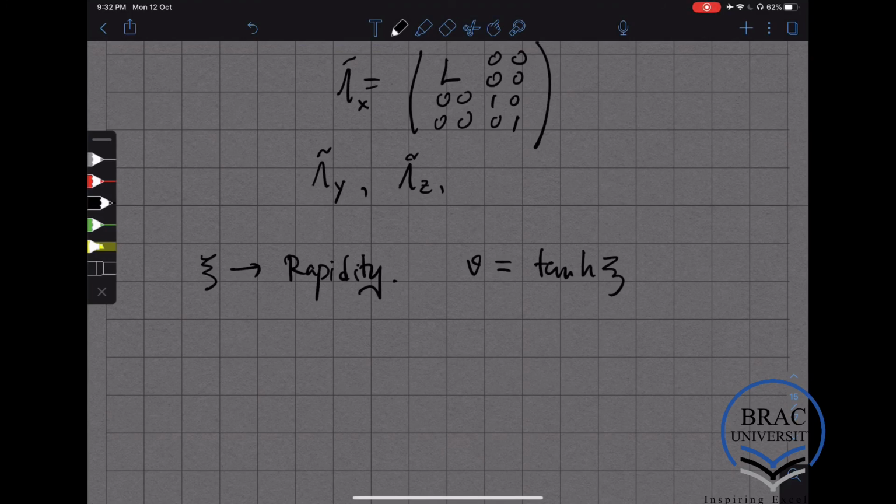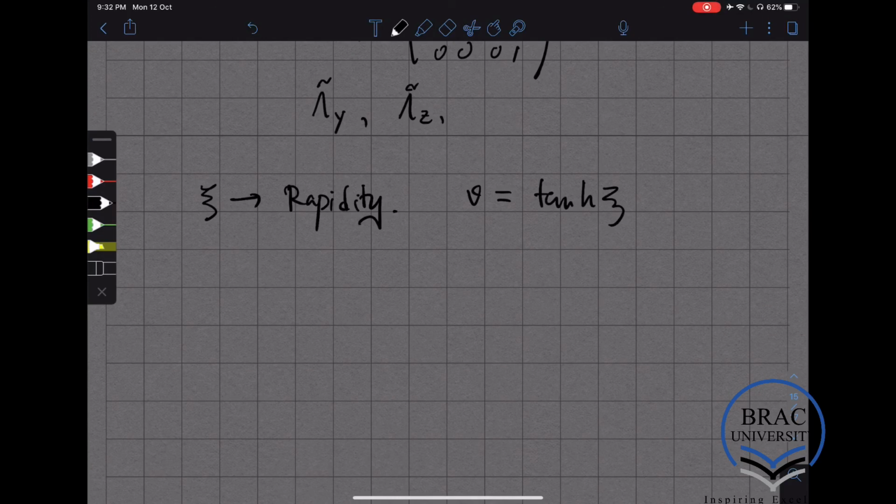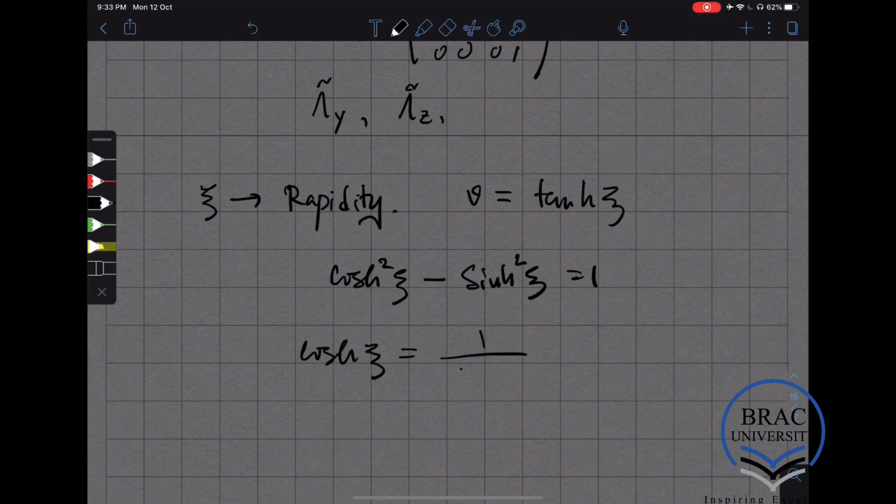Now, it's easy to show using the relationship that cosh squared psi minus sinh squared psi is 1, that cosh of psi is 1 over the square root of 1 minus v squared, and sinh of psi is v divided by the square root of 1 minus v squared.